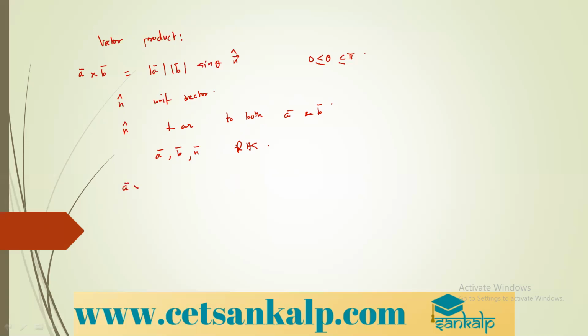Remember, A cross B is a vector, whereas A dot B is a scalar. Magnitude of vector A cross B can be written as magnitude of A into magnitude of B into sine theta.